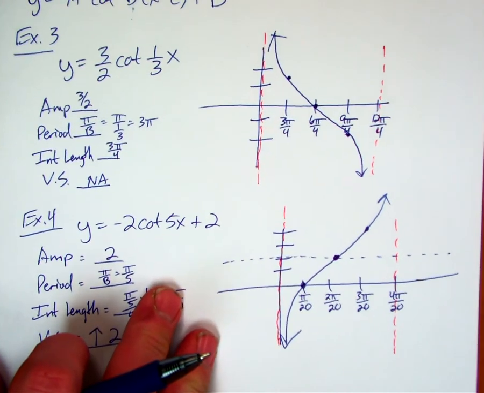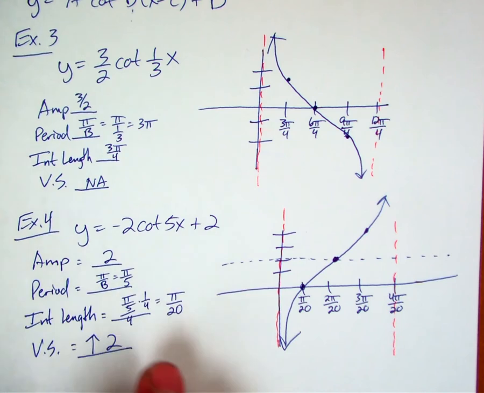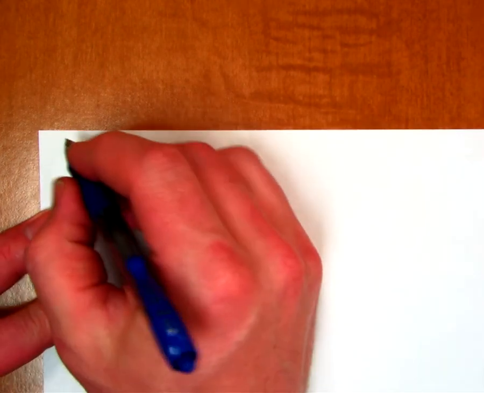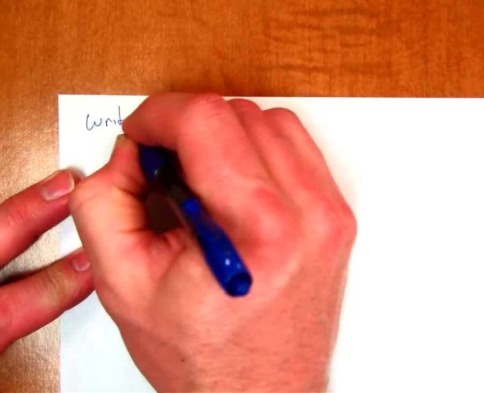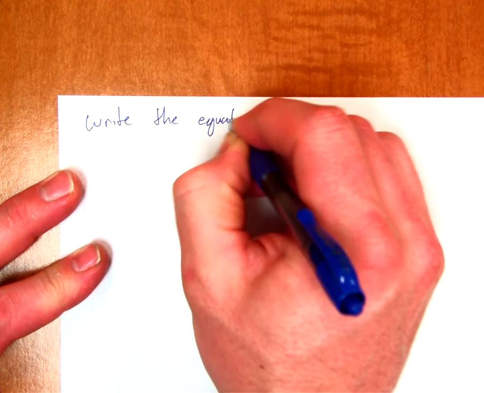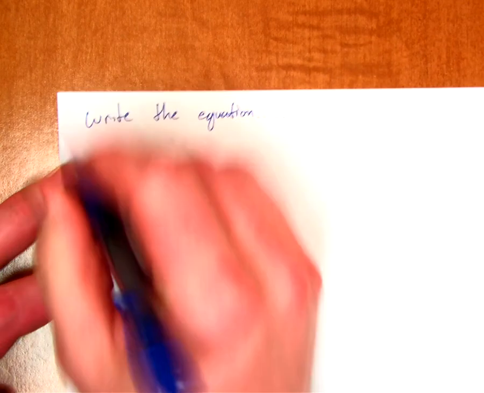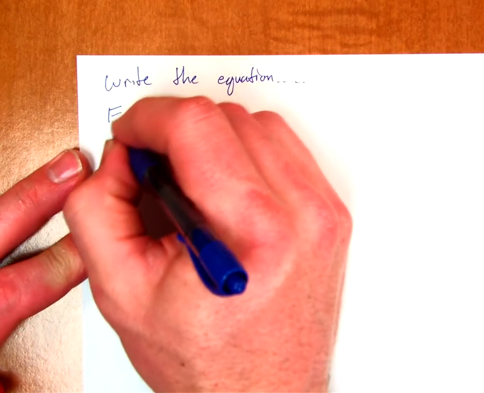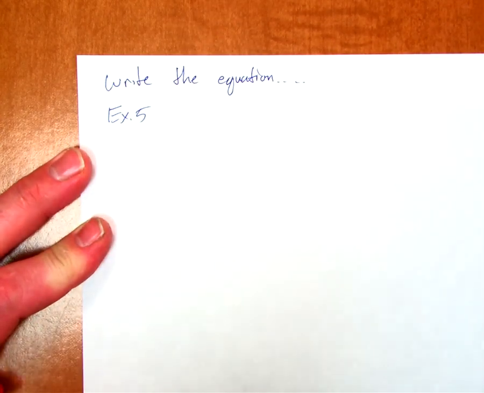All right, we are now on to the last part of day 3, which is writing the equation. What does that entail? Well, here we go. Write the equation. Example number 5.